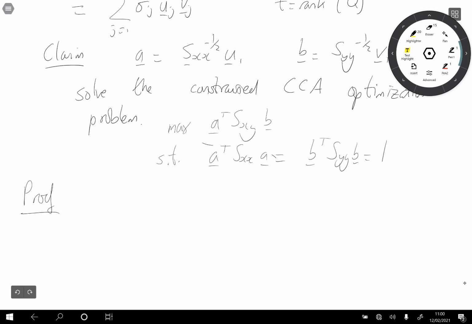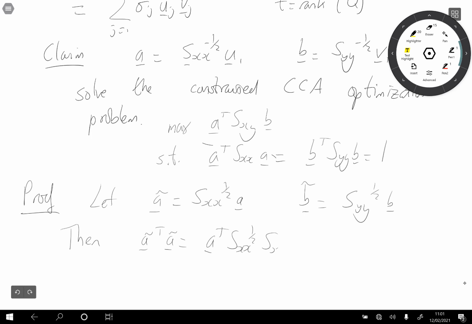Okay, so let's prove this. Well, first of all, let A tilde be S_XX to the half A, and B tilde be S_YY to the half B. Then just note that A tilde transposed A tilde is A transposed S_XX to the half S_XX to the half A, and that we know is 1.